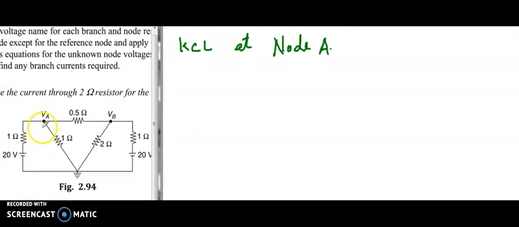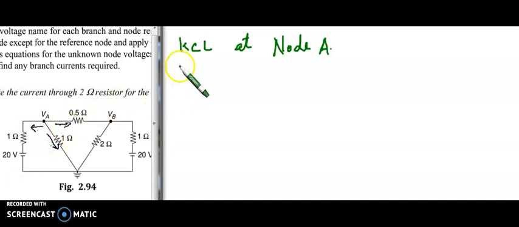If the direction of the current is not given, we can take it as the current is moving out of the junction. Here at node A we have 3 branches, so we are considering 3 currents, 1, 2 and 3 in these directions.